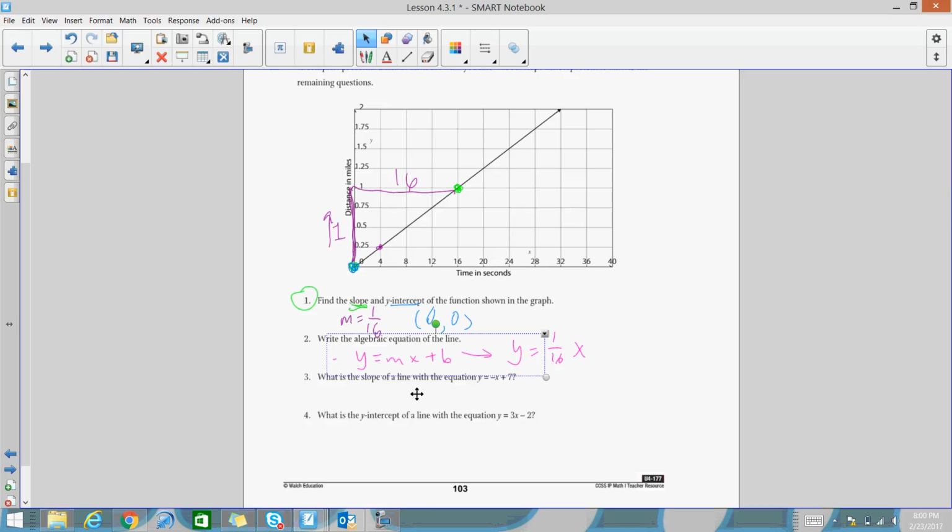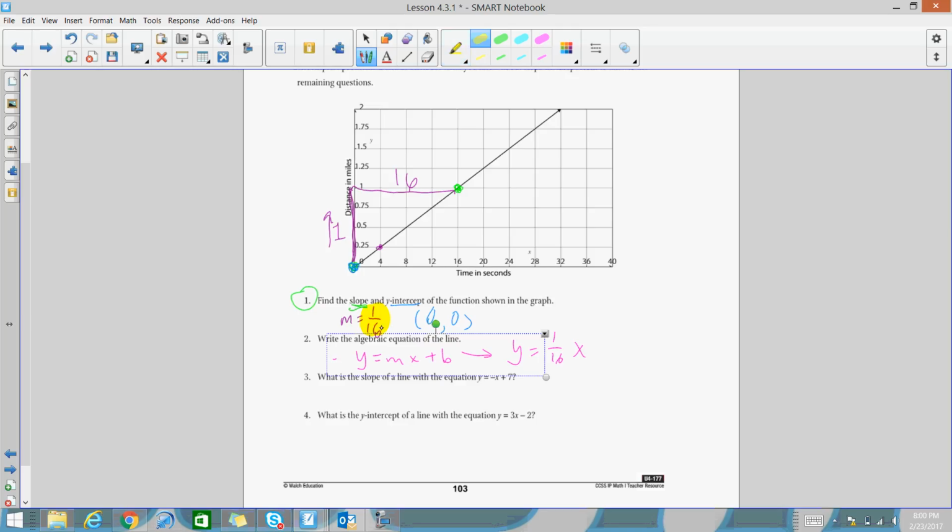Now, before we go to 3 and 4, let's talk about this. What does this slope mean? Because really this right here is today's lesson. Can you tell me what your slope of 1/16, 1 over 16, means in the context of this problem?